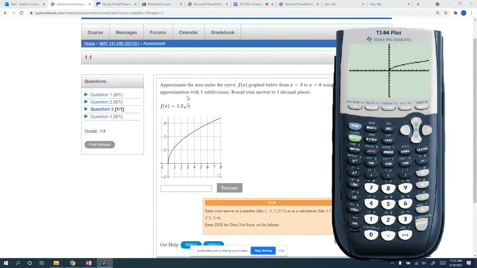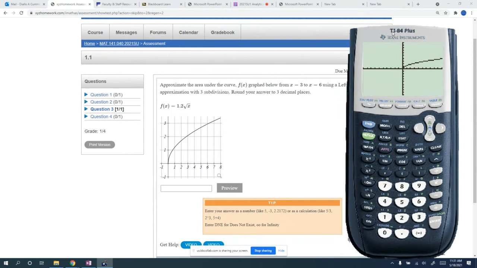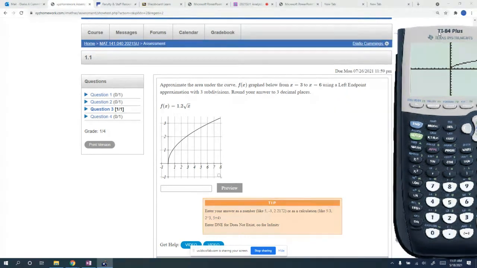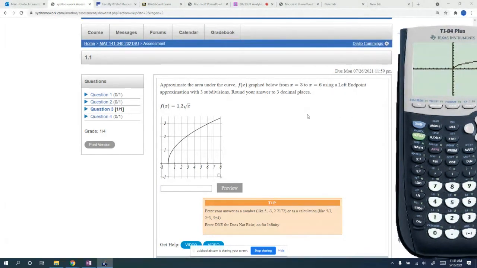So here we're asked to approximate the area from the x interval from 3 to 6 using a left endpoint and using three subdivisions, which would equate to 3 rectangles.